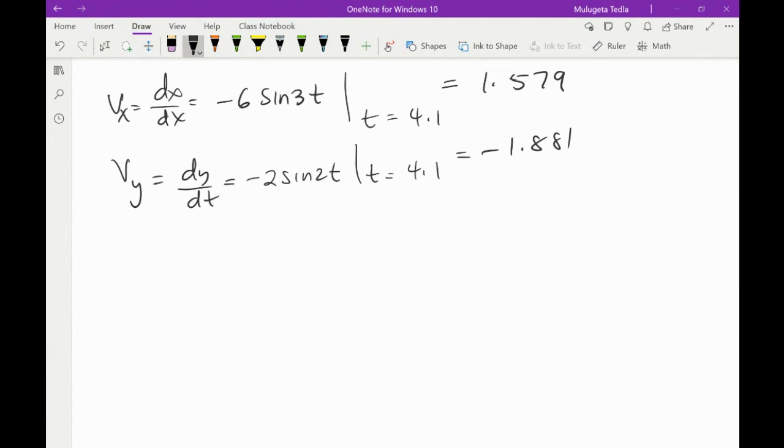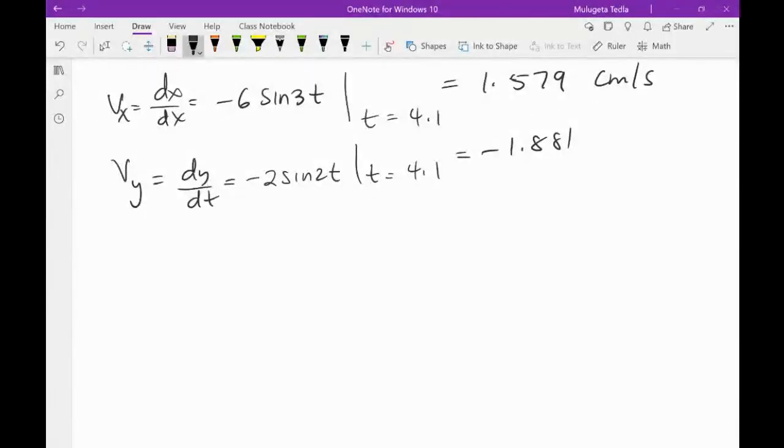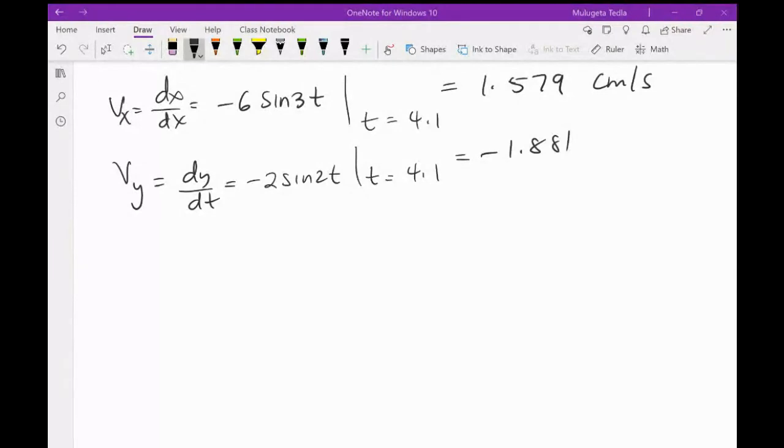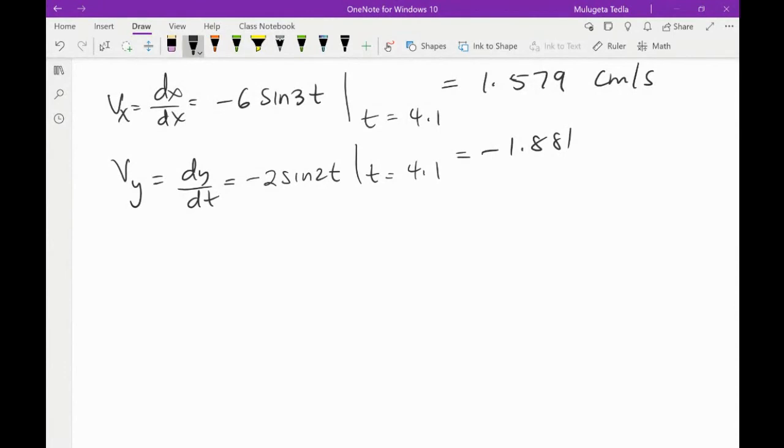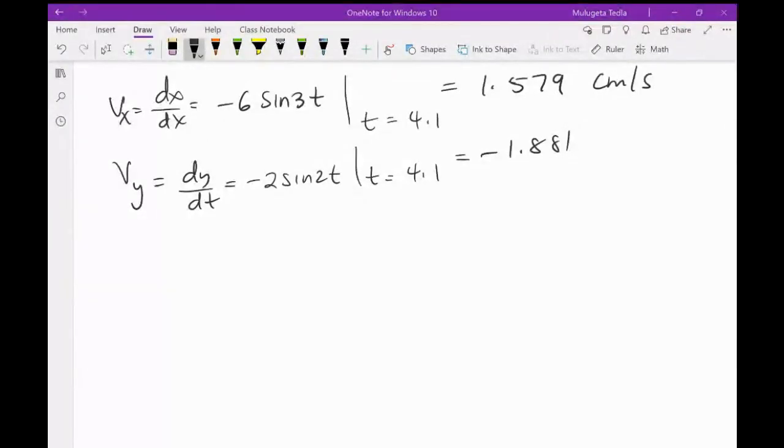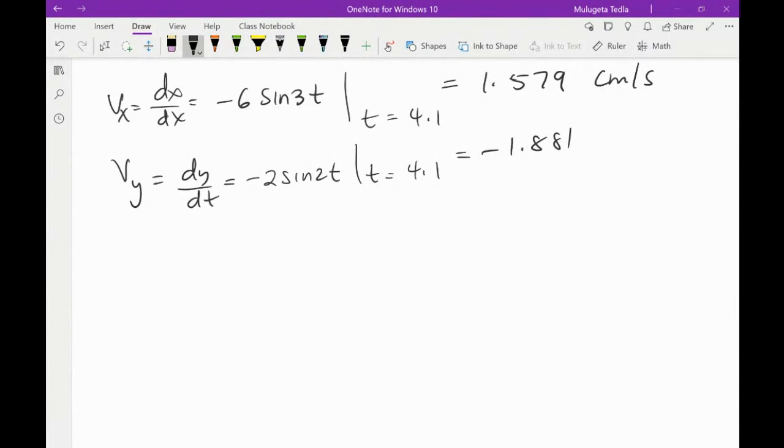Thank you so much. So this is centimeters per second. For the bottom one, negative 2 times sine of 2 times 4.1 is negative 1.881. That's okay. Thank you for the correction.